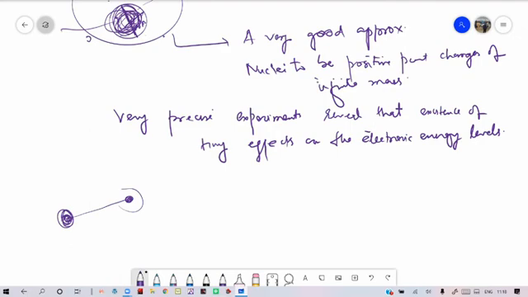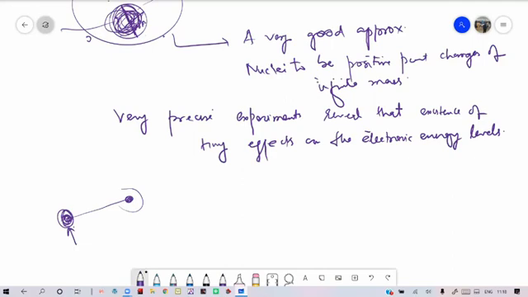When it does not interact, there will be no extra effect on the electronic energy levels. So I'm repeating: when we assume that the nucleus is of heavier mass and does not move, that is one point. Another point is that it is far away from the electron.